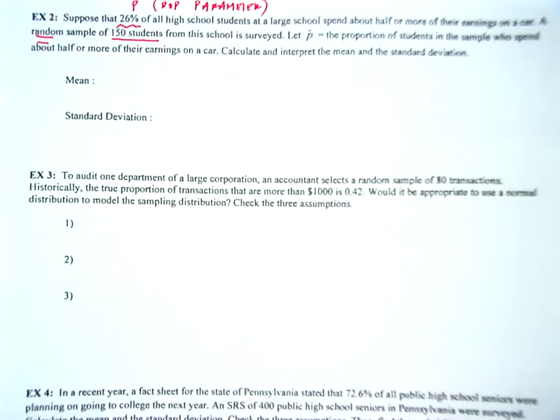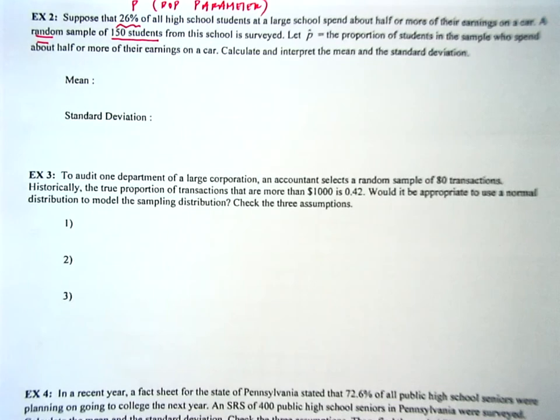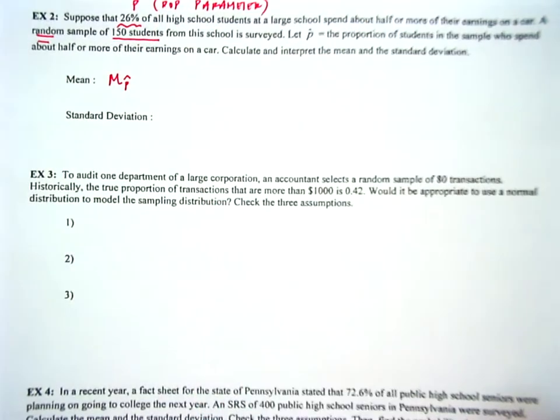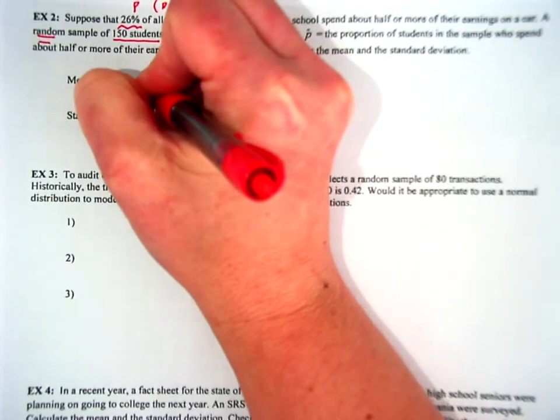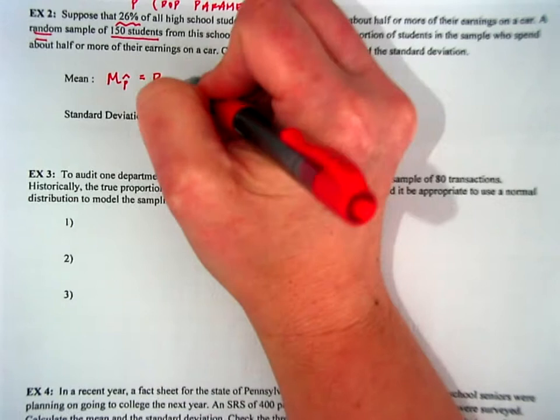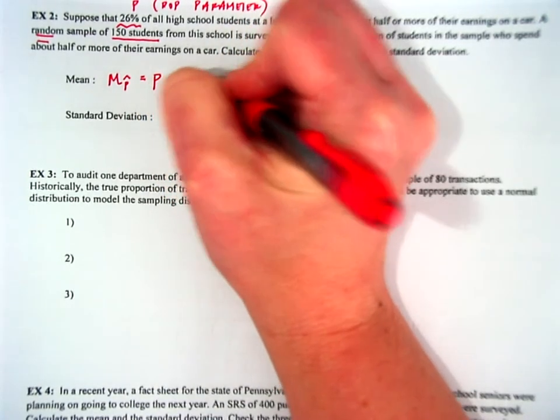Calculate and interpret the mean and the standard deviation. First, remember that the mean of all of our statistics is going to equal what the true population parameter is. So in this case, our mean will be 0.26. We expect the proportion of students who spend half or more on a car to be about 26%.